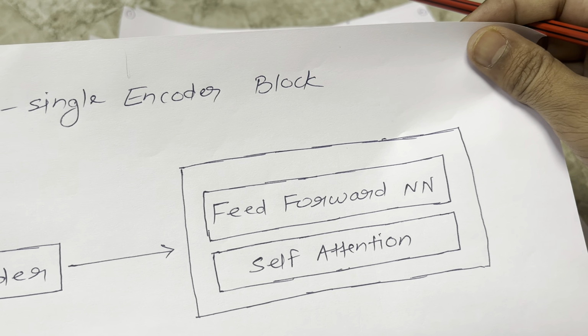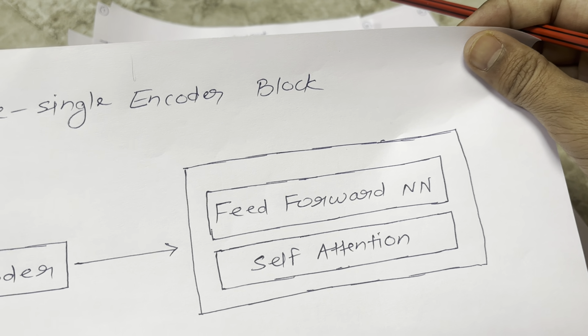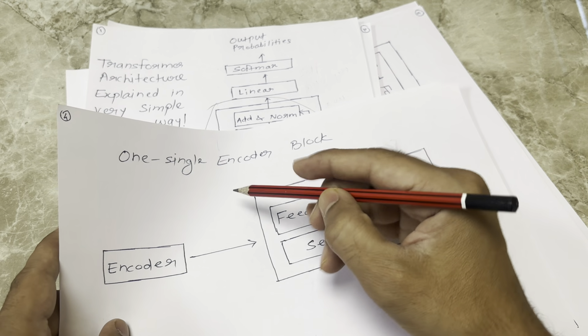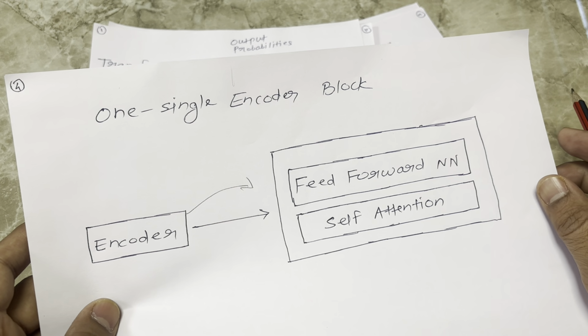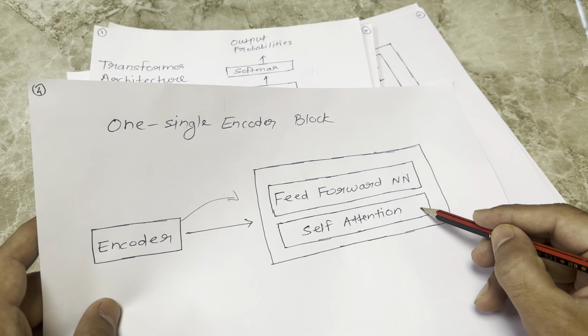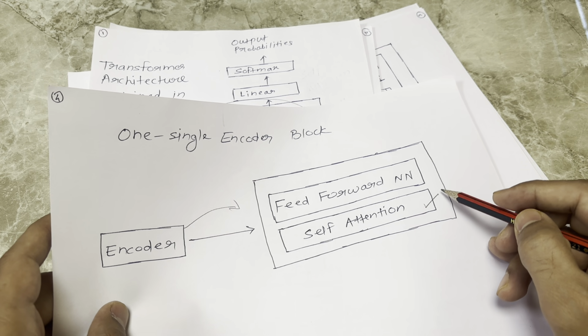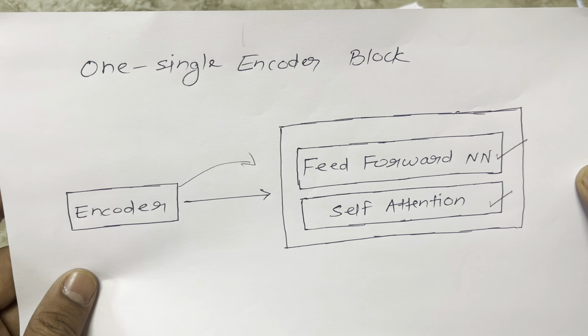When we zoom into a single encoder block, we find it contains 2 smaller blocks. First is a self-attention block. Second is a feed-forward neural network, as you can see clearly here in this particular diagram.